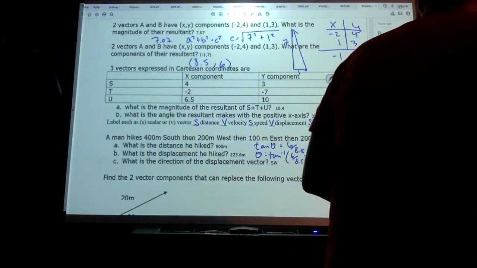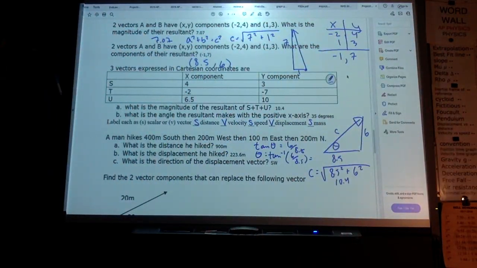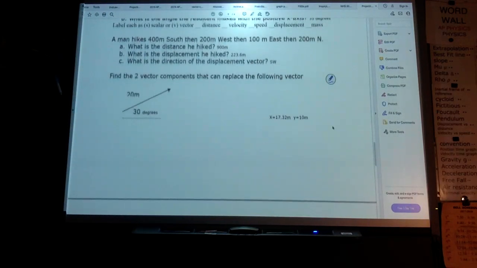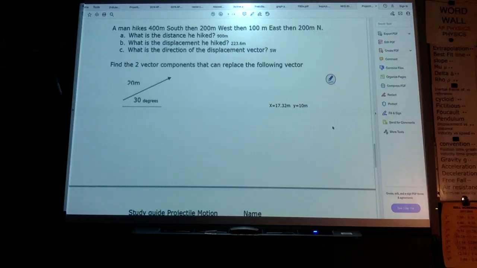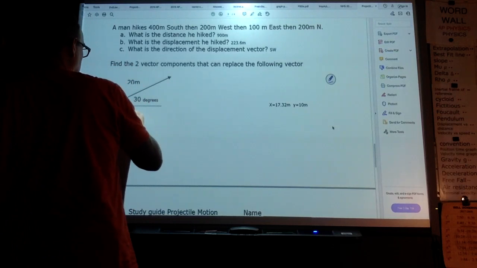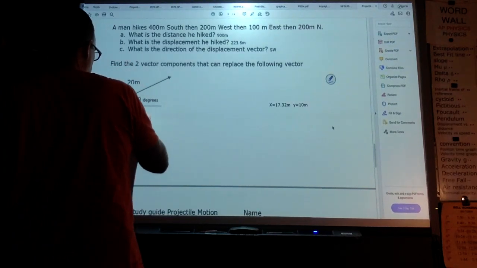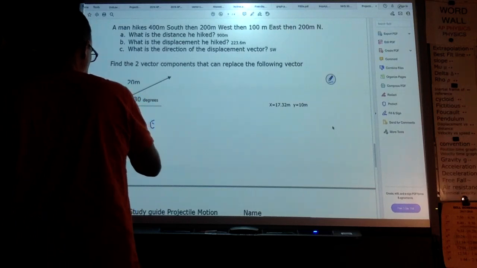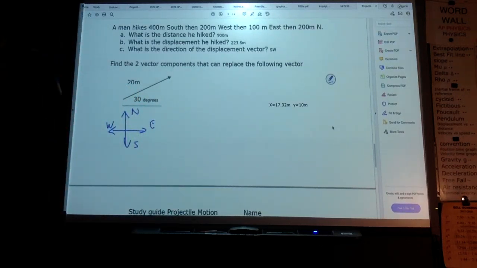Let me clear some of this ink and scroll up so we can see this a little better. All right, so I'm going to draw myself a little cardinal directions thing. I'll take up the smartboard to be north, down to be south, to the right to be east, and to the left to be west.